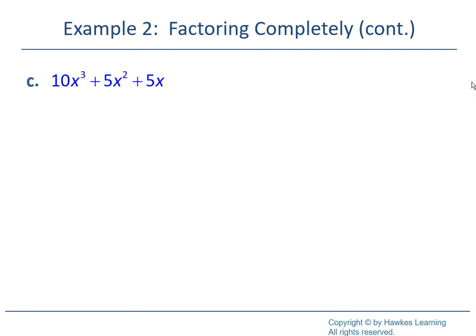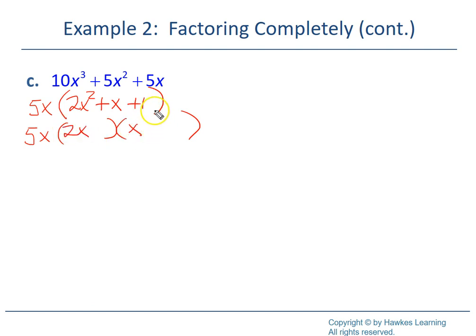Okay, let's take a look at this one now. It's in standard form, but I can see we can take a 5x out of each term. So we get now 2x squared plus x plus 1. So 5x, two sets of parentheses, 2x, x. Now the only possibilities are this. So let's see here.